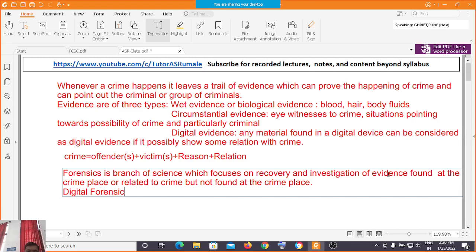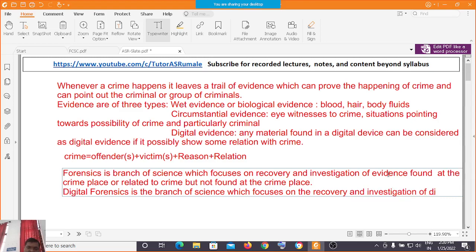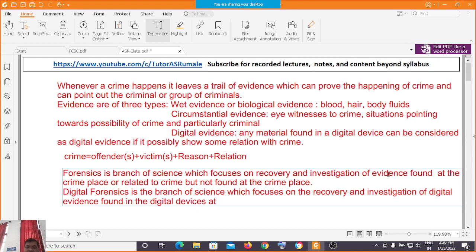Digital forensics is the branch of science which focuses on, without much modification to the definition, the recovery and investigation of digital evidence found in digital devices at the crime place and related to the crime.